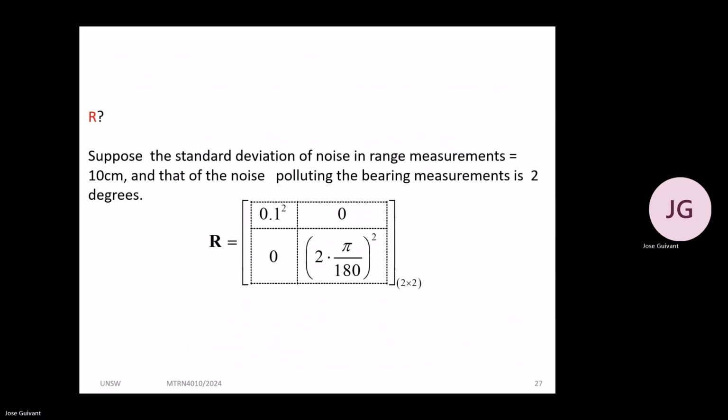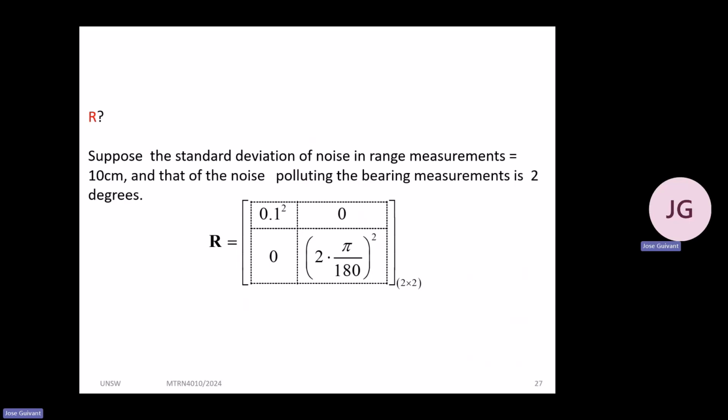Okay, good. And then you ask me, what about R? In this case, I'm measuring two channels, range and angle, or bearing, alpha. Okay, if someone tells me, you know, according to the calculation that we do, the noise that is introduced in the LiDAR and all the issues that are affecting our calculation of the center of the object of interest, we know that the distance that we are calculating has an uncertainty, that standard deviation, of 10 centimeters.